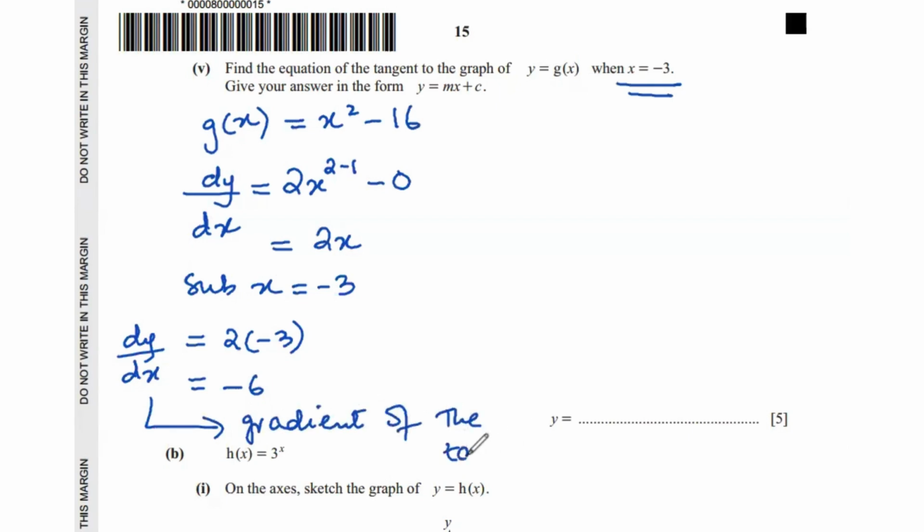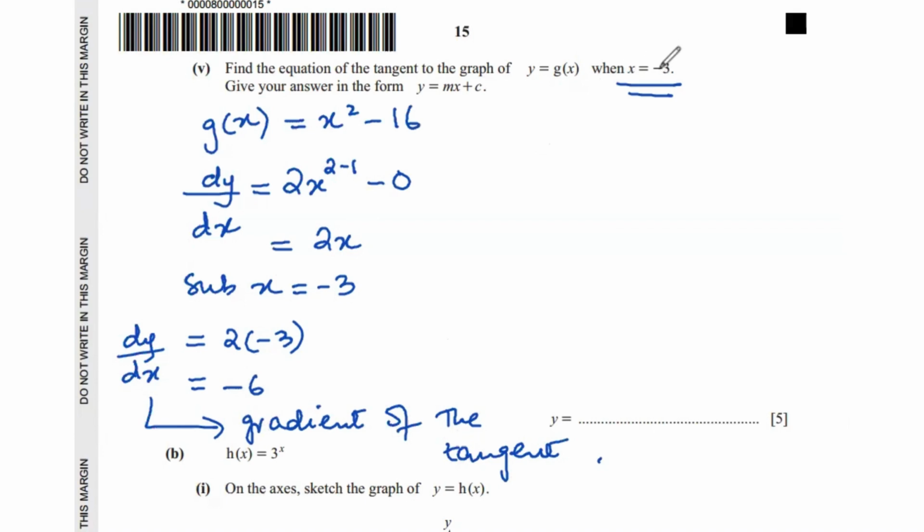Like I said, the gradient of the tangent and gradient of the curve are exactly the same. Gradient of the curve and normal, they are different. They're not the same. So we have an x value, we have the gradient now. Now we need the corresponding y value.